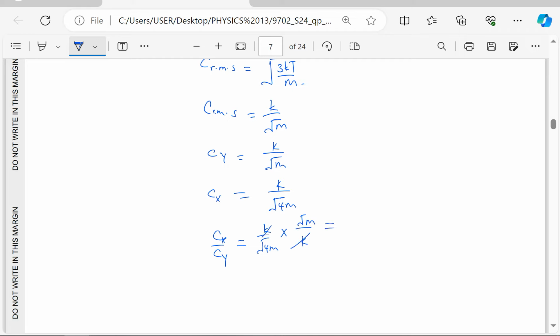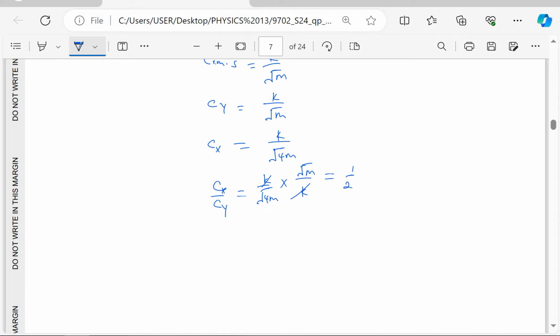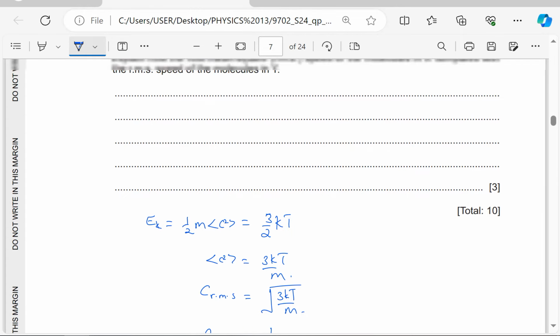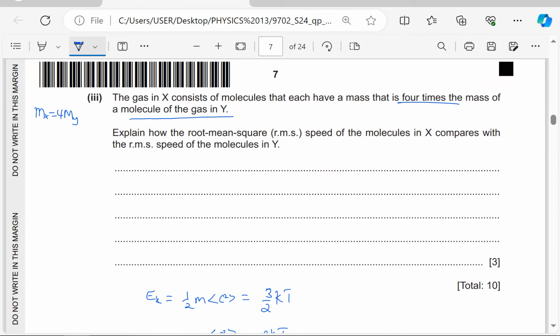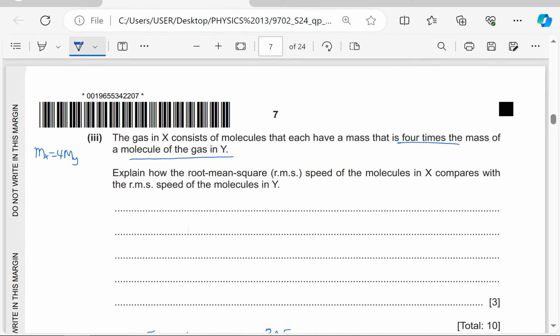So k is cancelling. This is 1 over, I think, 1 over 2, because root of m also cancels and you get the root of 4. Root of 4m is 2 root m. So root of m cancels, you get half. So it means Cx is a half of Cy. Okay. This is just to show you, but I can answer this without even writing that working.